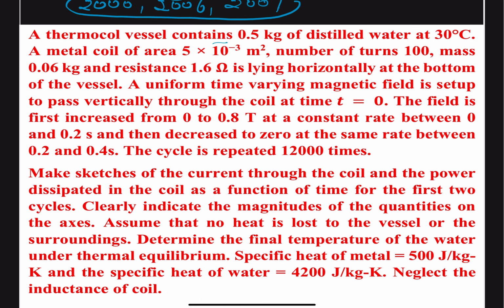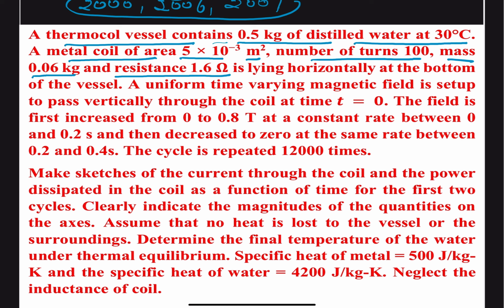it is said that a thermocol vessel contains 0.5 kg of distilled water at 30 degrees centigrade. A metal coil of area 5 into 10 to the power minus 3 meter square, number of turns 100, mass 0.05 kg, and resistance 1.6 ohm is lying horizontally at the bottom of the vessel.